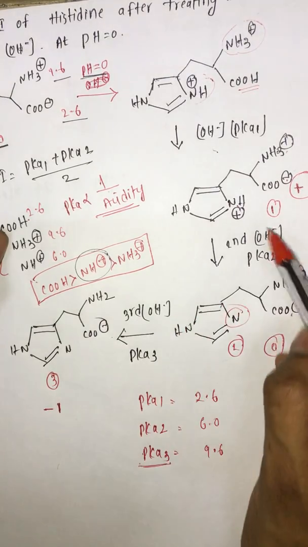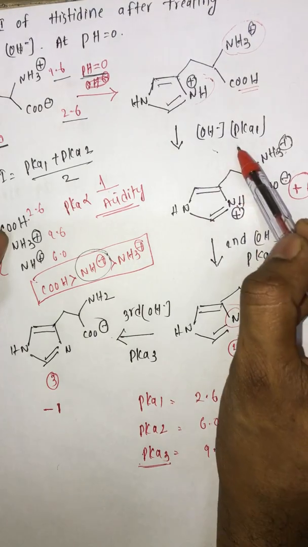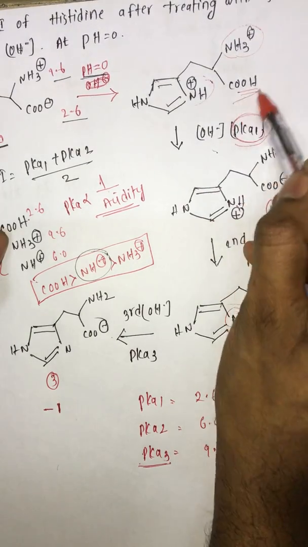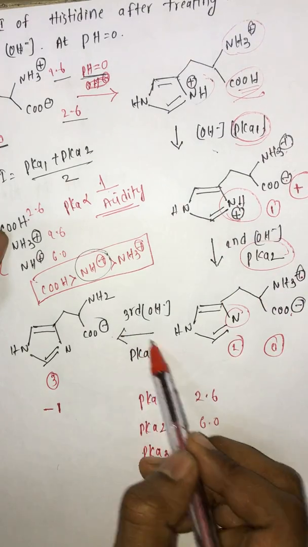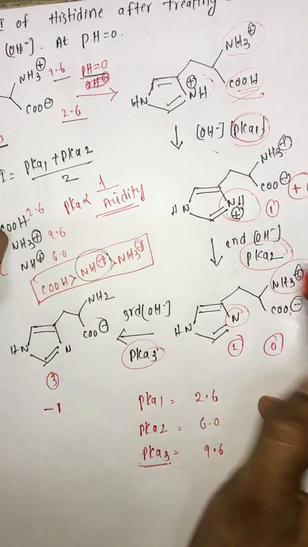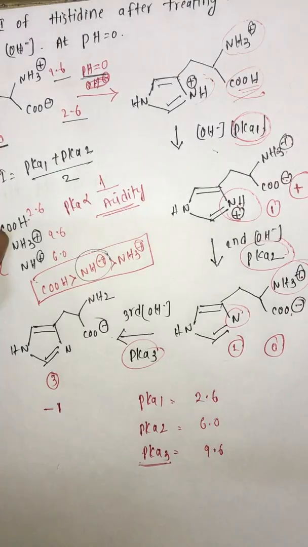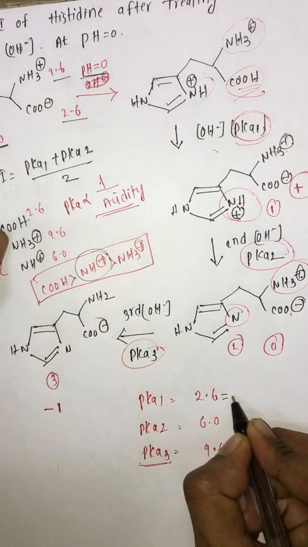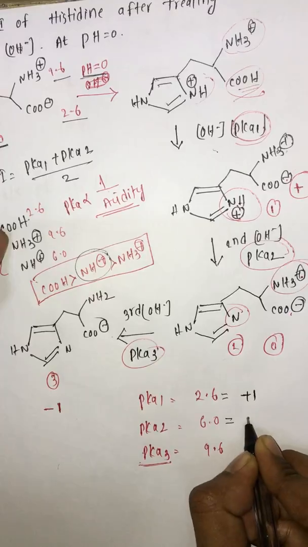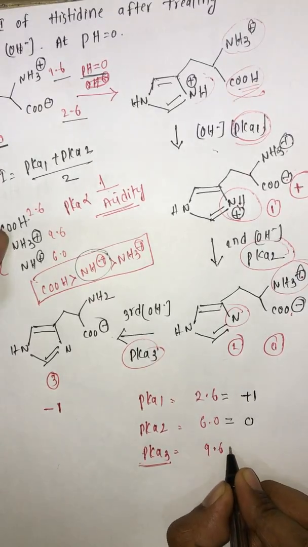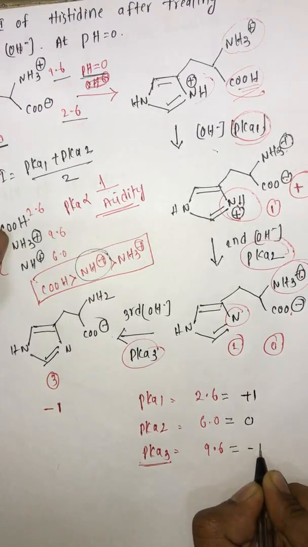Here I said pKa1 means carboxylic acid, pKa2 means NH plus, pKa3 means this NH3. Okay, so now see, in case of pKa1 the charge is plus 1, in case of pKa2 the charge is 0, in case of pKa3 the charge is minus 1.